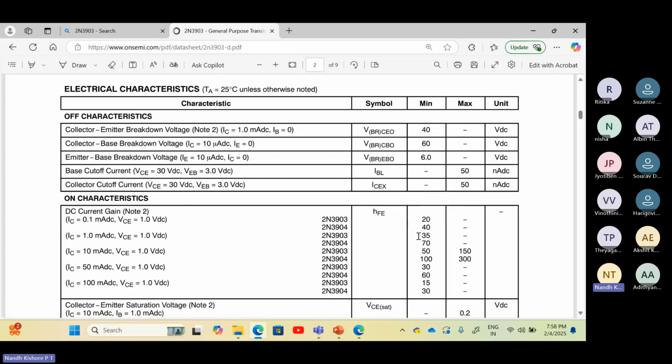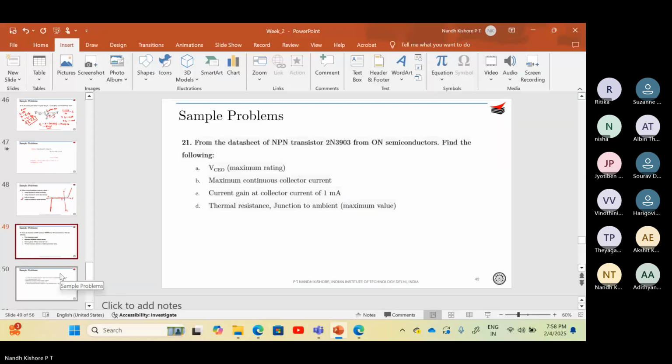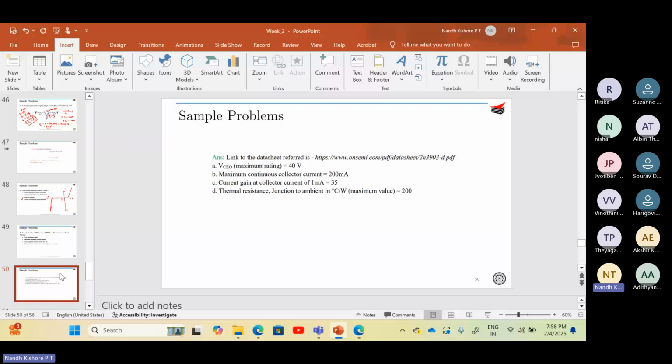So this is your beta value at collector current of 1 milliamp. We just saw previously that as collector current varies, your beta will also vary. You can see over here as collector current varies, your beta is also varying. So this is what we just found out.